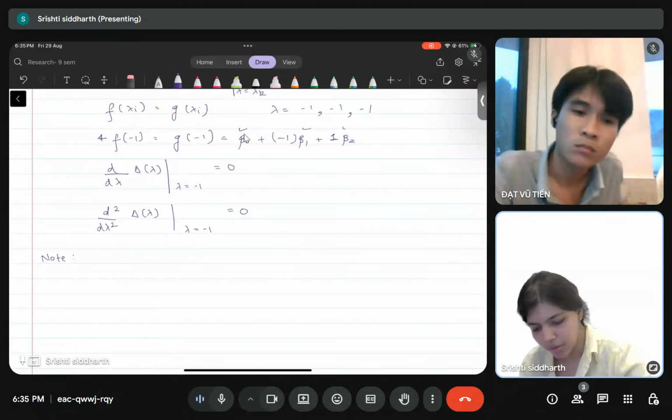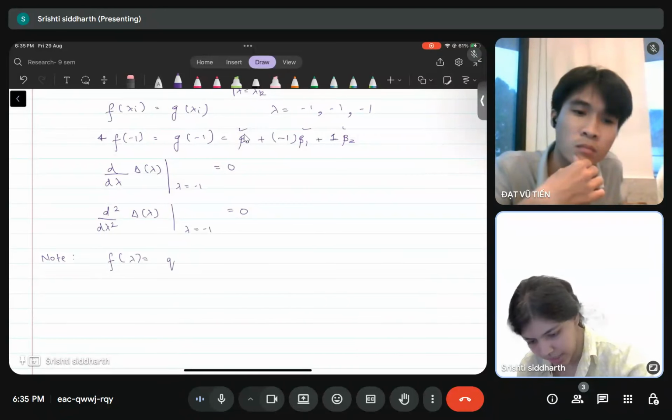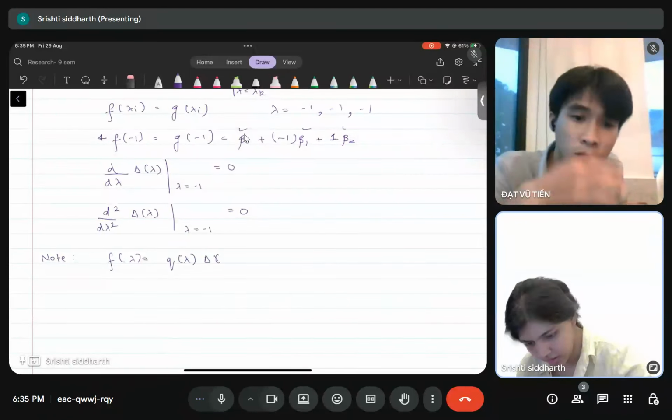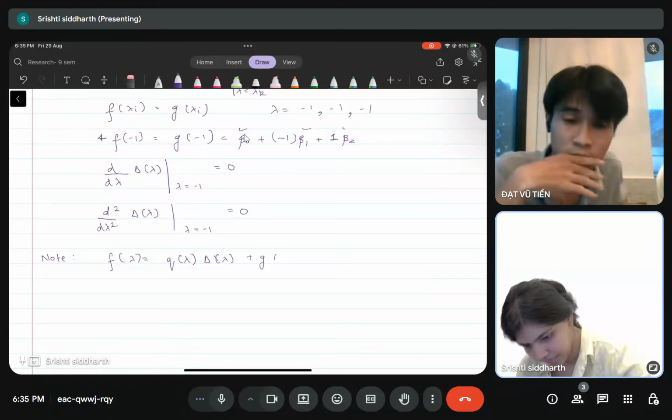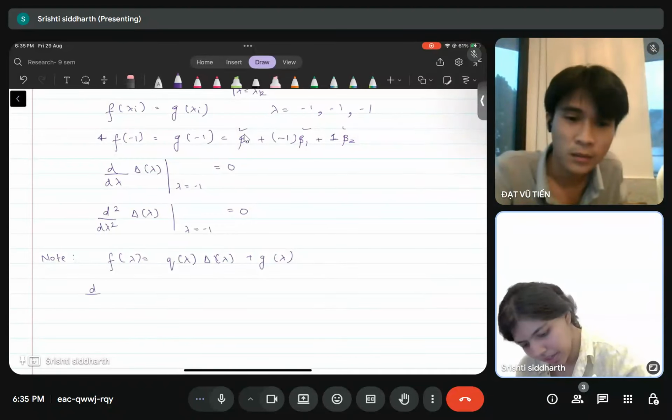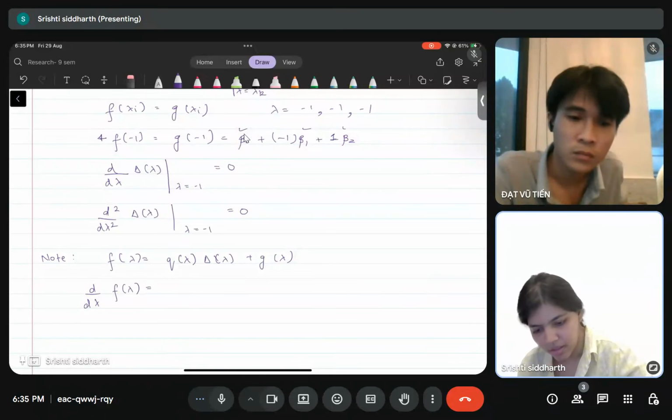Okay, so just to recall, we had this q lambda, and if we take any other derivative on both sides, this would be 0 because of these two conditions.